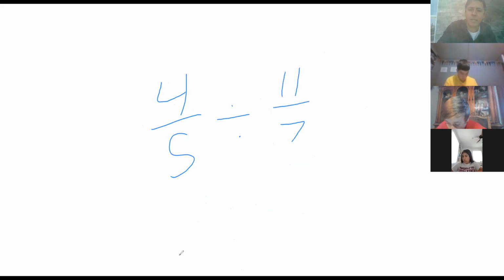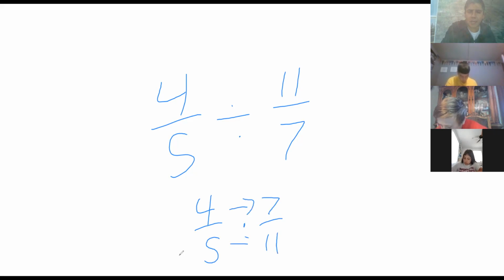What about the second one? 4 over 5 divided by 11 over 7. It's going to be 28 over 44. Actually 55, right? Remember, the reciprocal is 7 over 11, and we're going to multiply straight across.